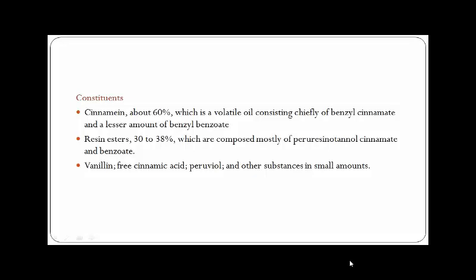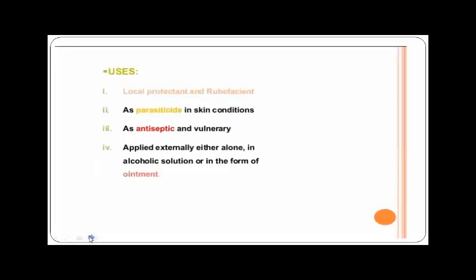So the major portion is volatile oil, accounting for 60%, and after this resin esters are present, accounting for 30 to 35%, and some other substances are also present in small amounts such as vanillin, free cinnamic acid, peruviol, and some others.